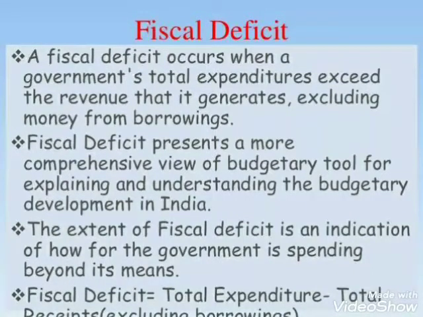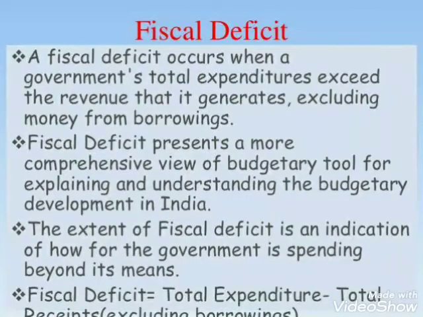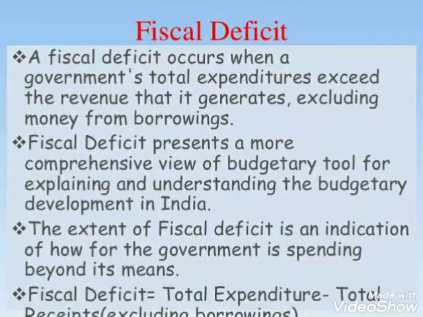So children, I hope this fiscal deficit is clear to you, which says when the total expenditure is exceeding, or is more than, the total receipts. When we talk about total receipts, it means complete revenue receipts and capital receipts.